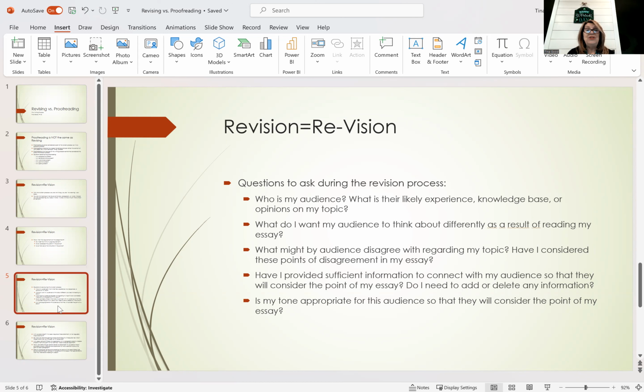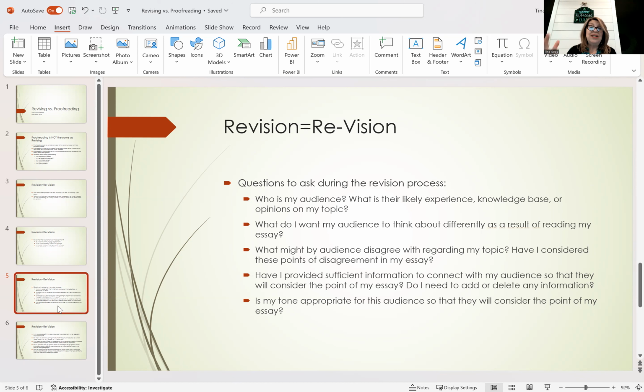So what do you want your audience that you've identified to think about differently as a result of reading your essay, right? And so by identifying your audience, have you brought in the information that you need to address this audience's concerns, needs, and perspective? Okay. If you write for one audience, it's going to be different than if you write for a different audience, right? So you really want to focus in on that when thinking about revision.